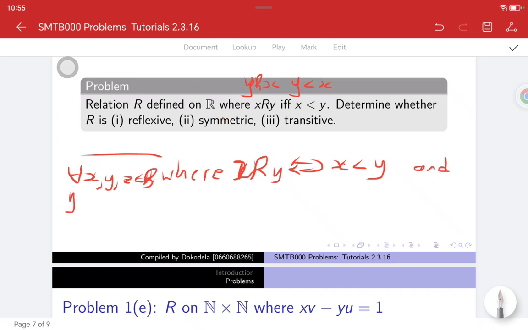Then we must take where y is related to z, if and only if y is less than z. So for this to be true, x must be less than z. Otherwise, x must be related to z.